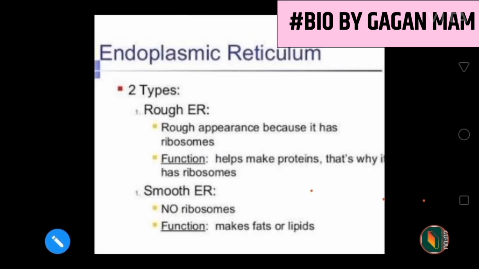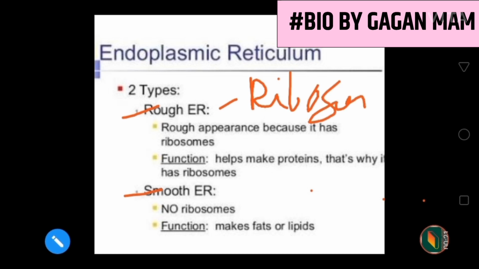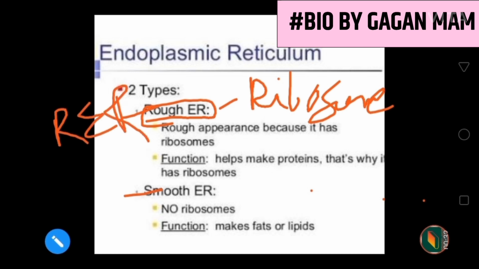It is of two types, RER and SER, that is rough endoplasmic reticulum and smooth endoplasmic reticulum. Due to the presence of ribosomes on the surface, the rough endoplasmic reticulum's surface looks granular or rough in appearance, and it is termed rough endoplasmic reticulum or RER.